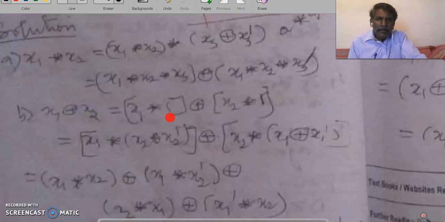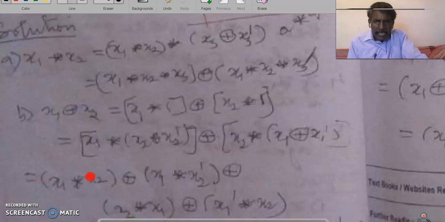Therefore, in the place of 1, I am writing x2 meet x2 complement. Similarly, here in the place of 1, I am writing x1 join x1 complement, with x2 as it is.